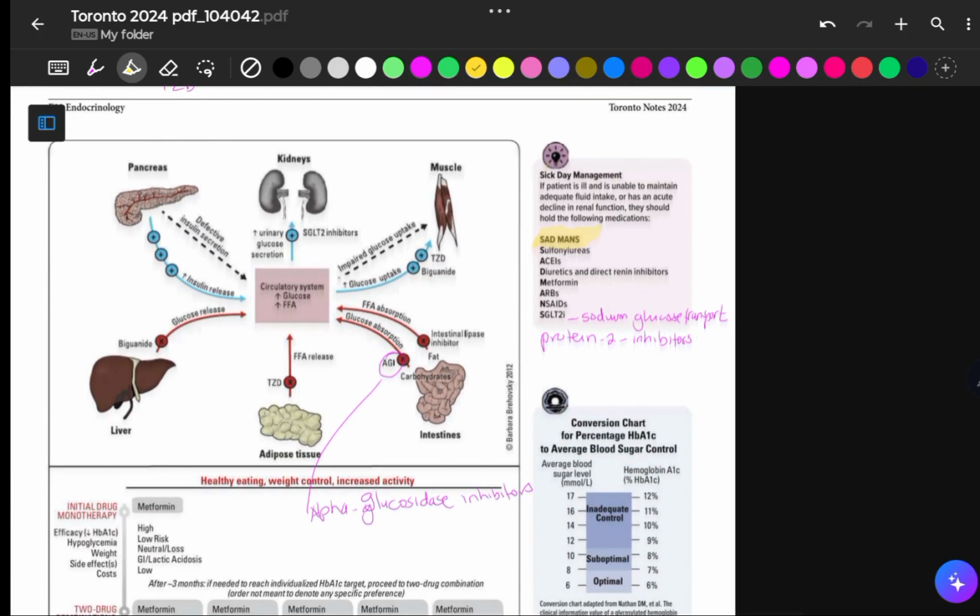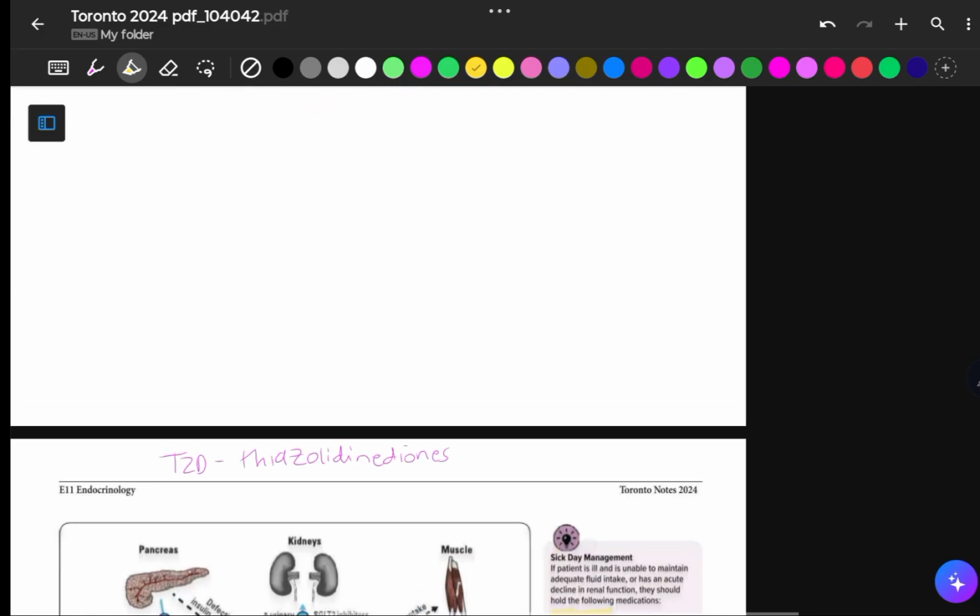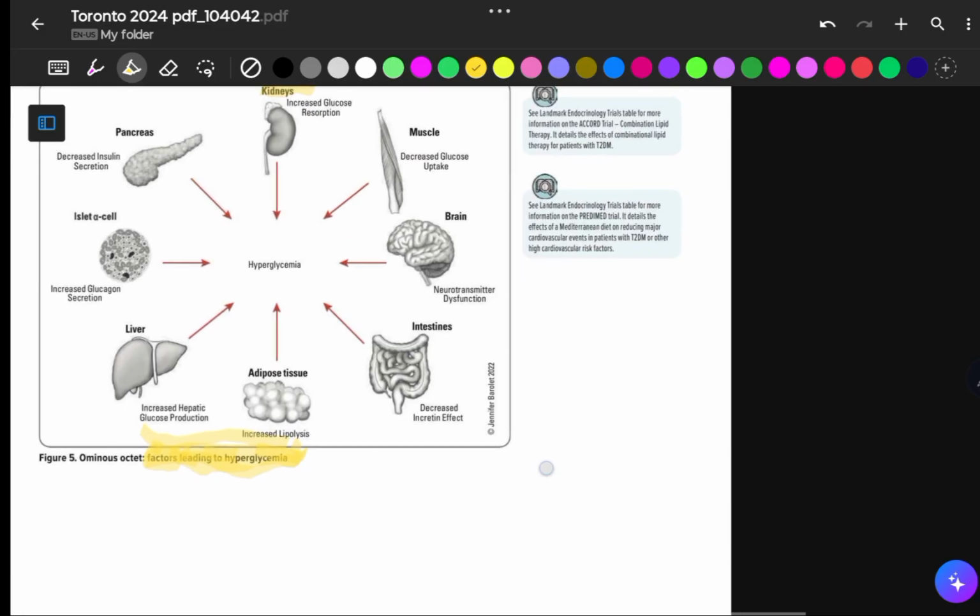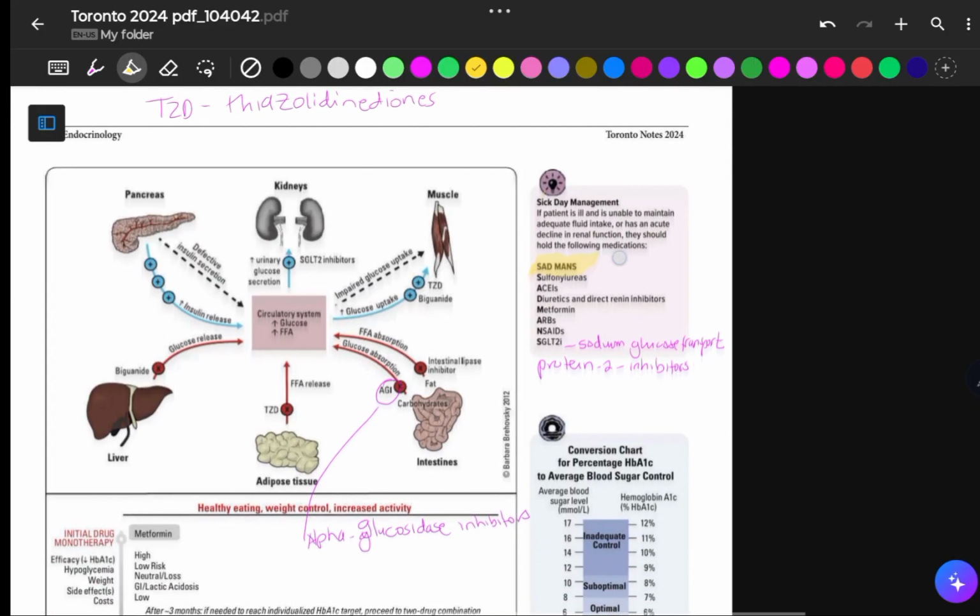What we're seeing is how different drugs actually work. This one is mostly for type 2 diabetes. On the kidney, remember we said that increased glucose reabsorption causes hyperglycemia. So what drug can we give patients so that we don't have reabsorption of glucose?